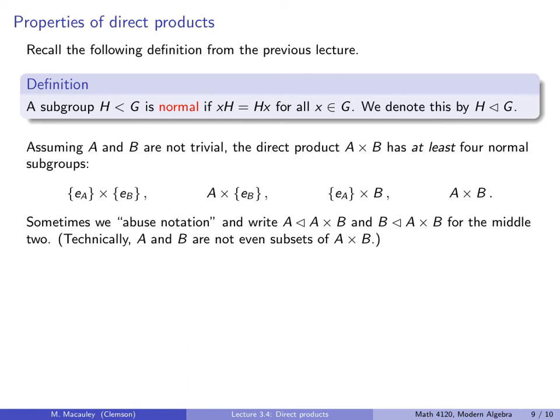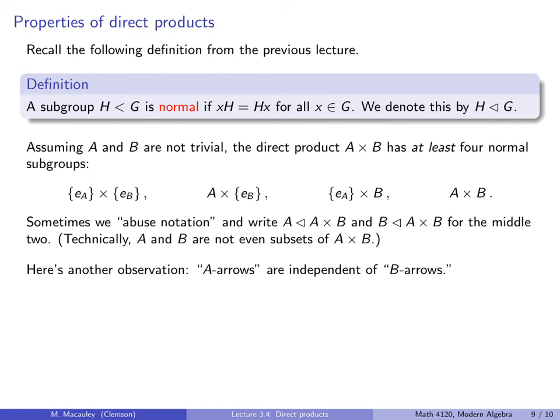So sometimes we abuse notation, and instead of writing this cumbersome thing, we'll write A is a normal subgroup of A cross B. Now obviously A is not even a subset of A cross B. This is a group, and this is an ordered pair of group elements. So whenever we write something like A is a normal subgroup of A cross B, we're really implying this thing here is a normal subgroup. And similarly, B being normal in A cross B means this is normal in A cross B.